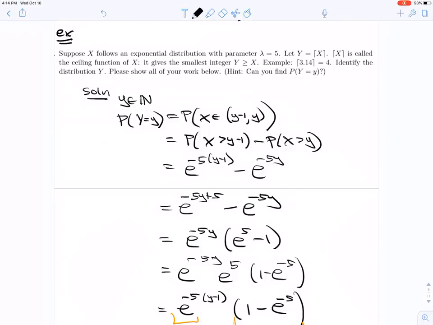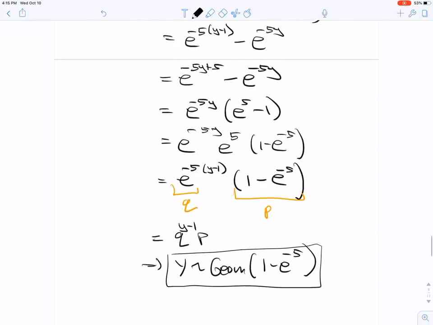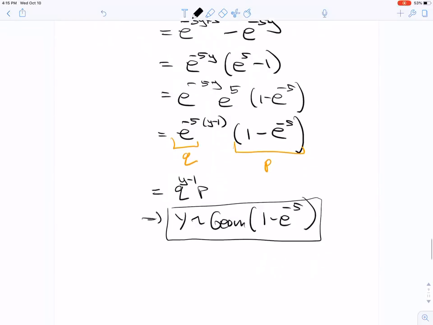I'm not worrying about endpoints because x is a continuous distribution. Here I'm just using the definition for exponential and doing some algebra, and you'll end up with, if I call p 1 minus e to the minus 5, then q is e to the minus 5, and I have q to the y minus 1 times p.